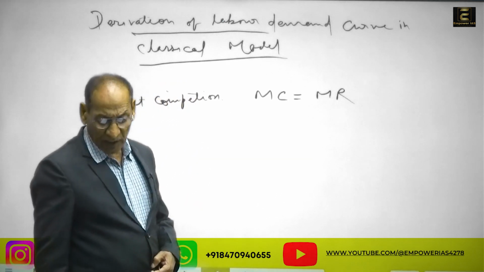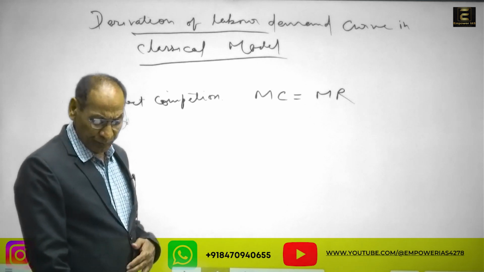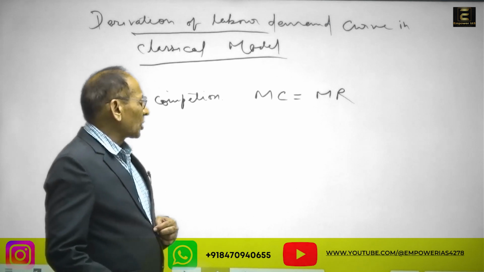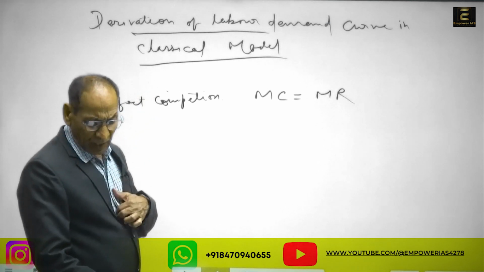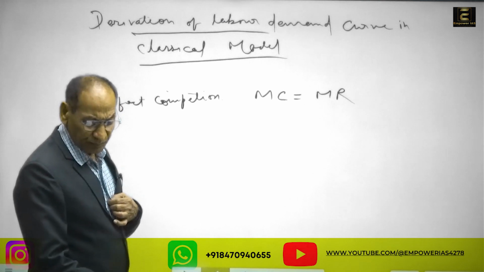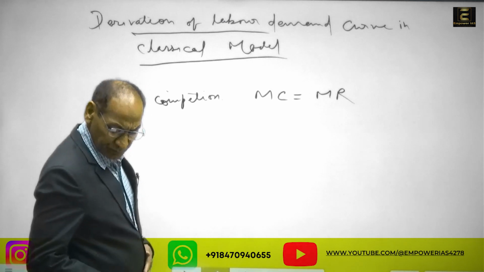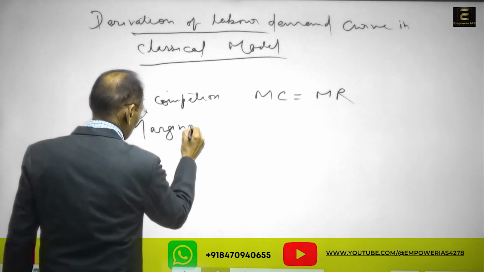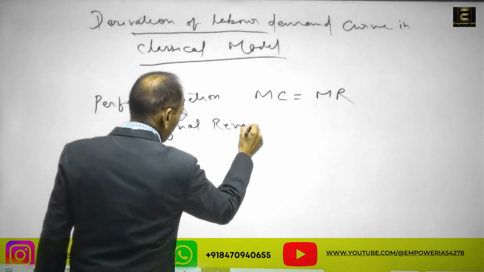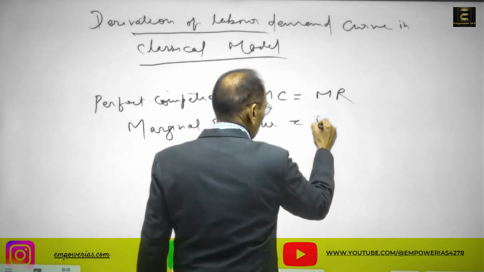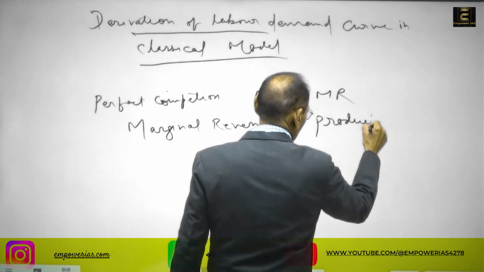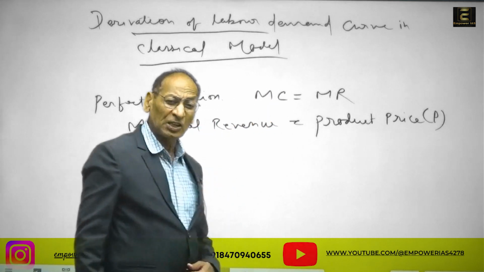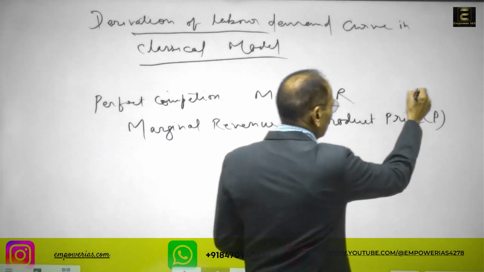In perfect competition, marginal cost of a unit of output equals marginal revenue, and in perfect competition marginal revenue also equals the product's price, P.